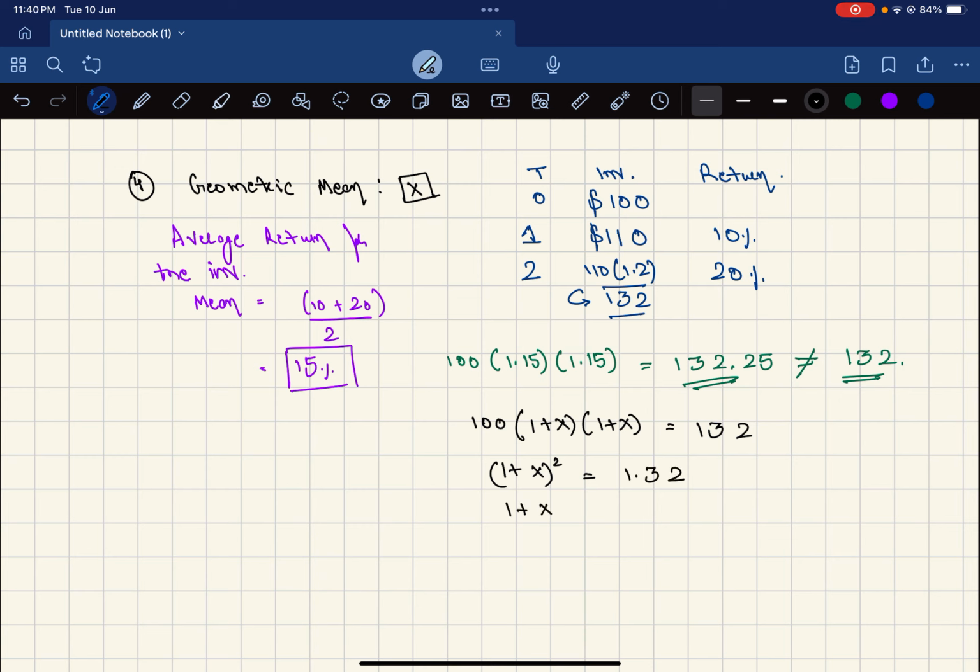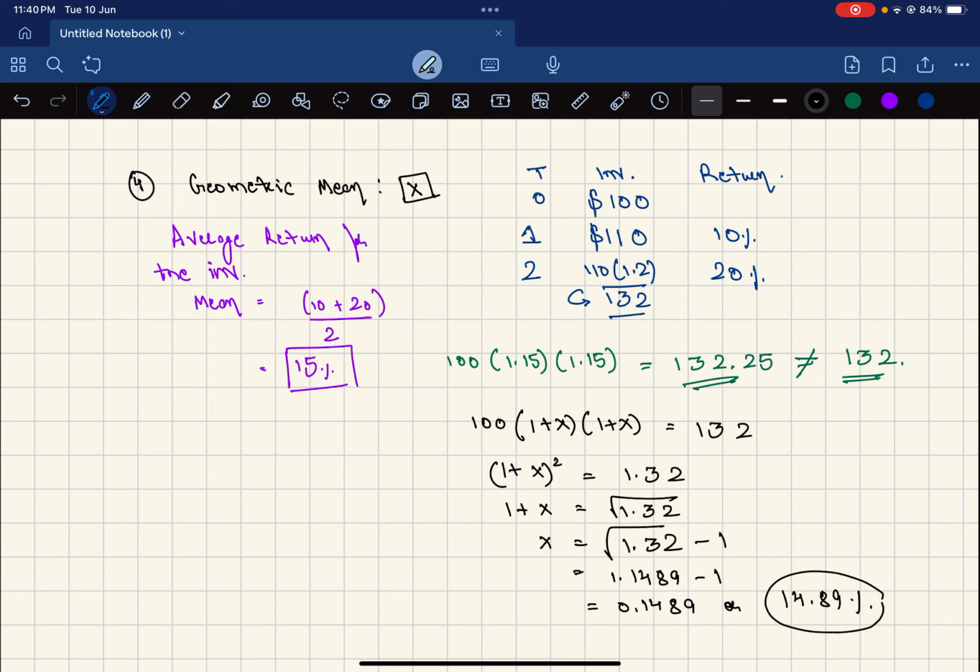Therefore 1 + x is nothing but the square root of 1.32, and x is calculated as the square root of 1.32 minus 1. This comes out to be 1.1489 minus 1, which is 0.1489 or 14.89%.